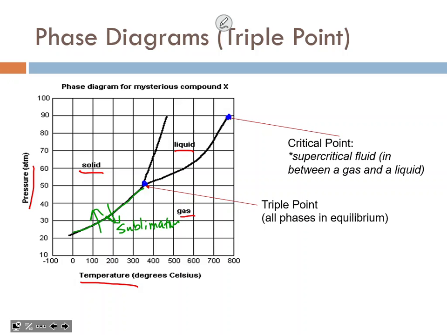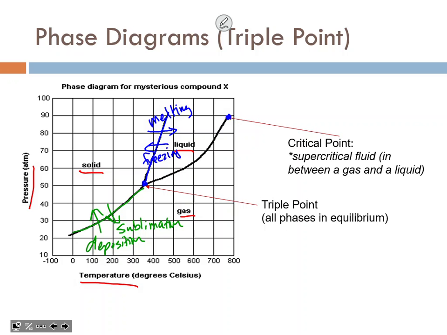Going from the solid to the gas, we have deposition. Going from the gas to the solid. How about this line right here? What phase changes occur here? Melting, yep, and freezing. Very good. Melting and freezing. Now at different pressures and temperatures, of course.